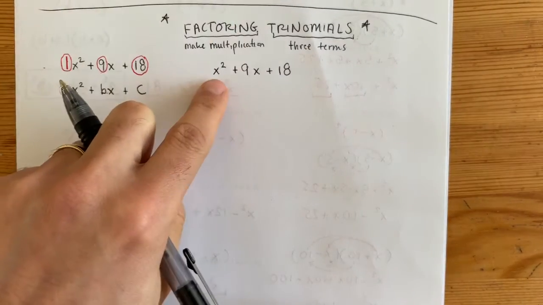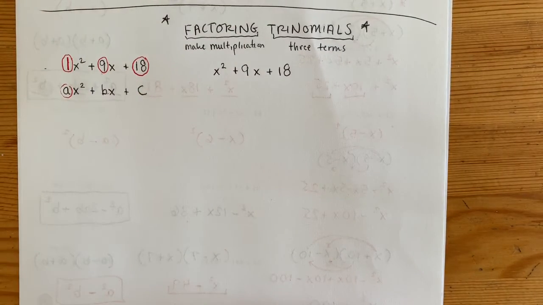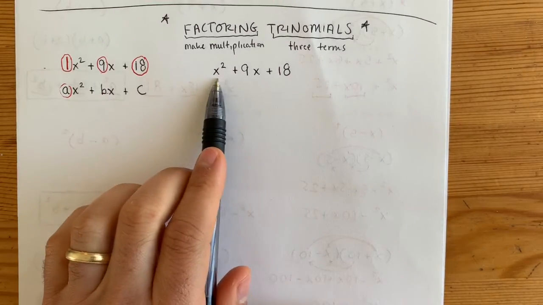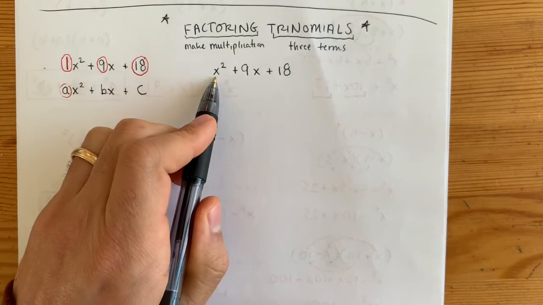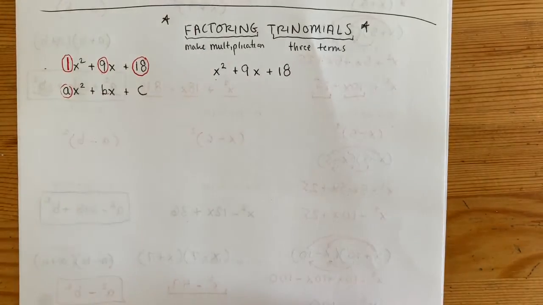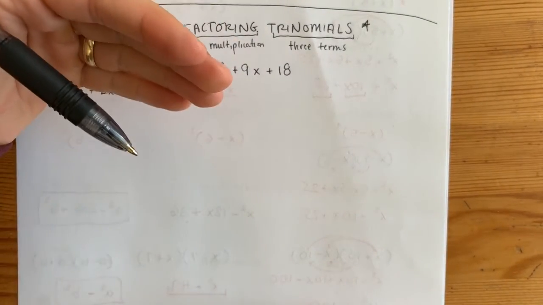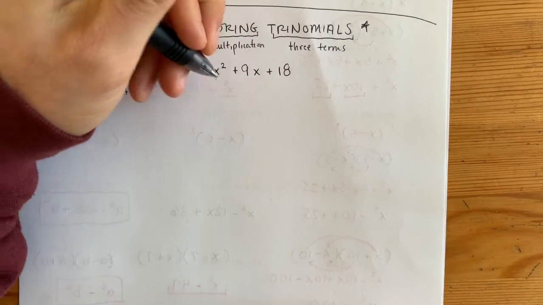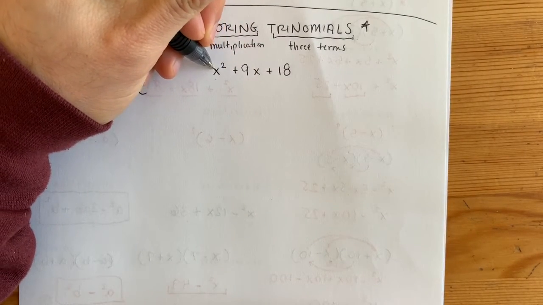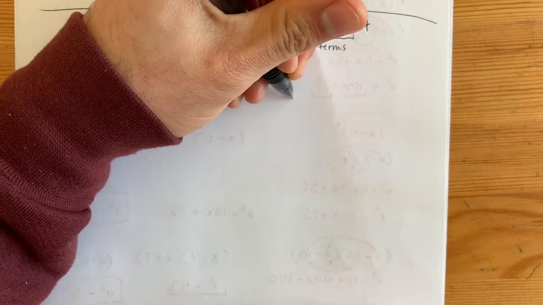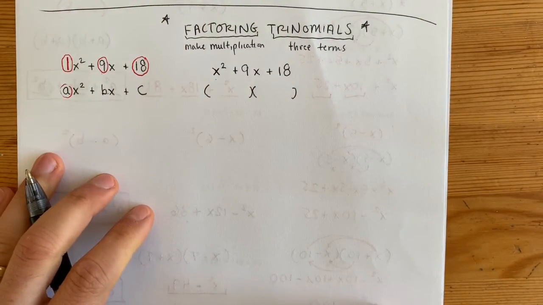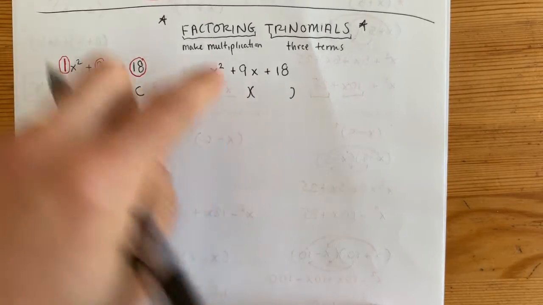So when I factor this, I need to make this multiplication. If you can recall, what we've done before was we multiplied binomials together and they created this answer. So we're just doing basically the opposite of what we've done before. I've given you this, which used to be the answer. We need to go backwards and figure out what would go in the parentheses to FOIL and get you back to here.